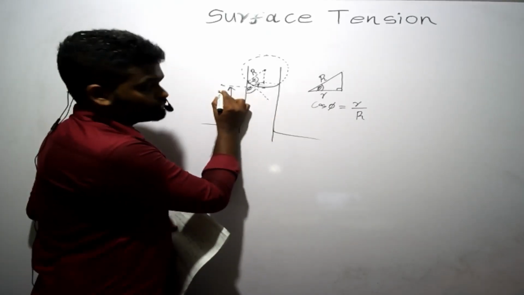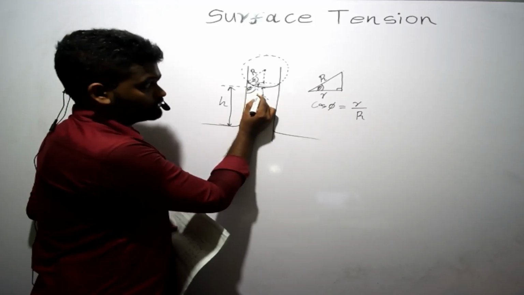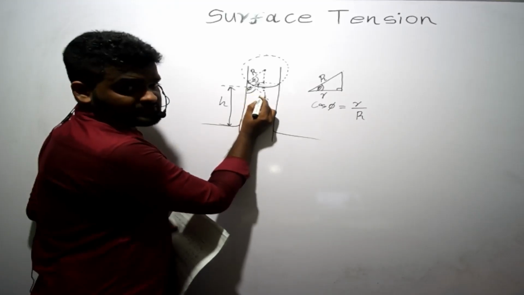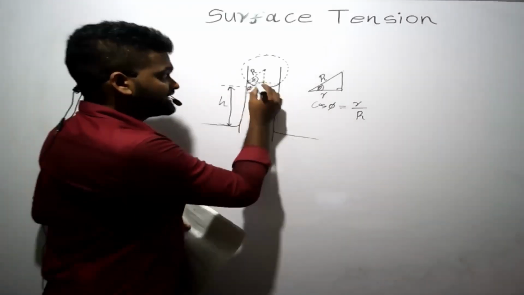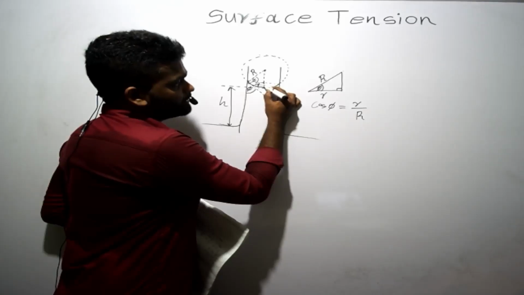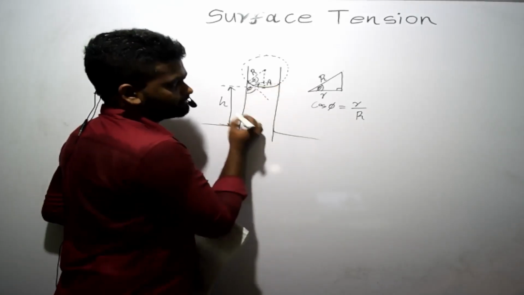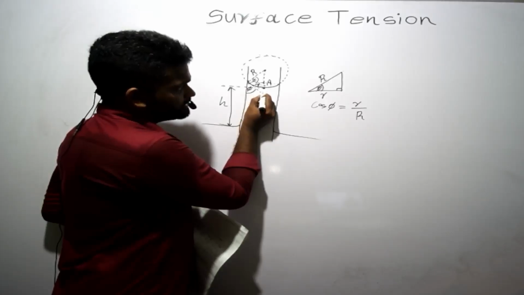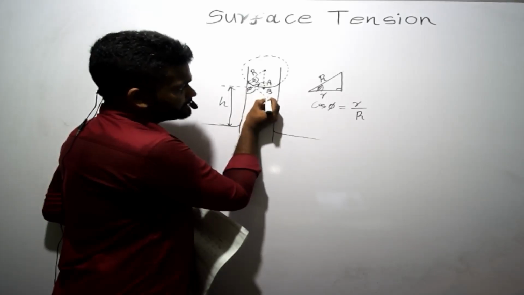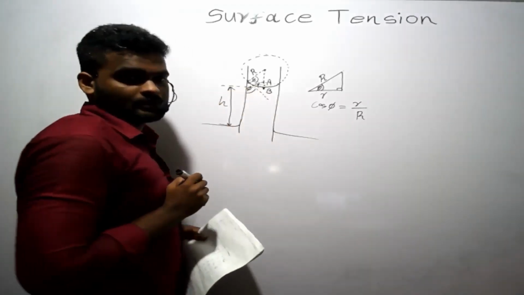You need to pay attention to that: not the top of the meniscus, the bottom of the meniscus. Let's say slightly above the meniscus, let's consider point A. Slightly below the meniscus, I'll consider point B.